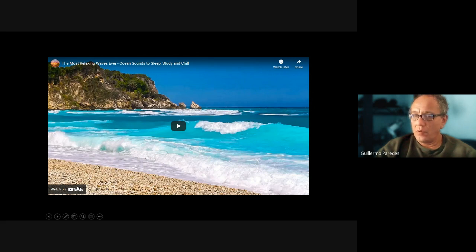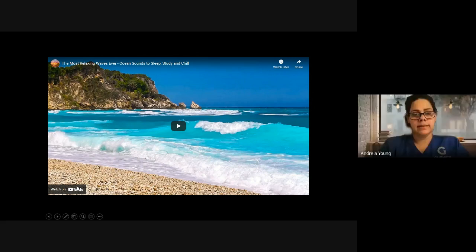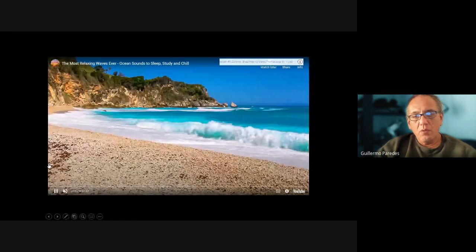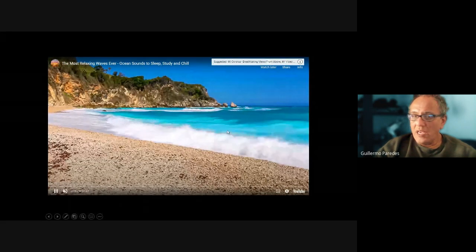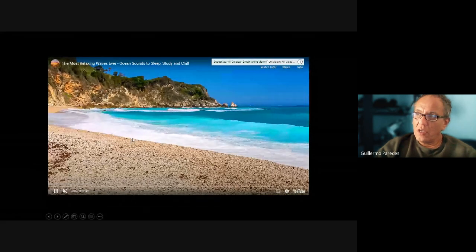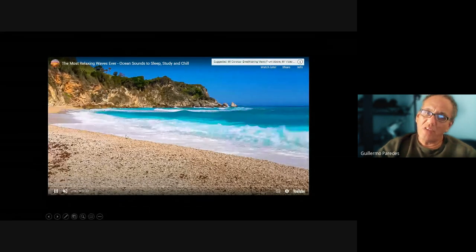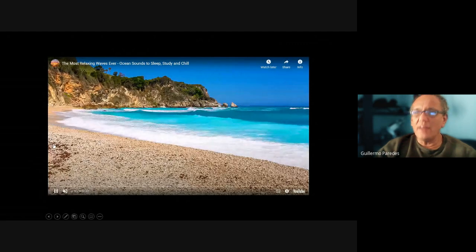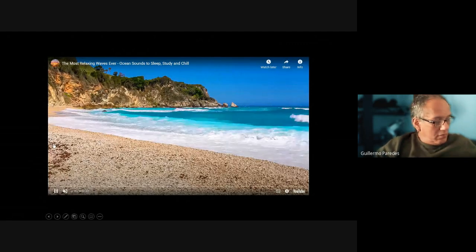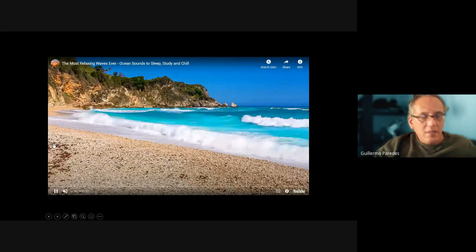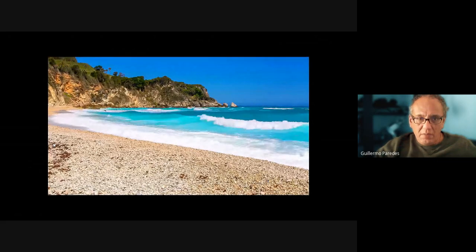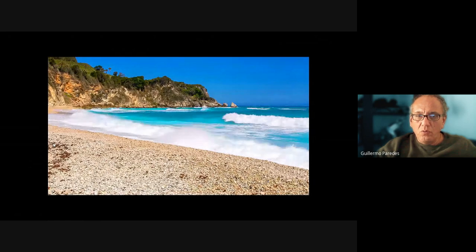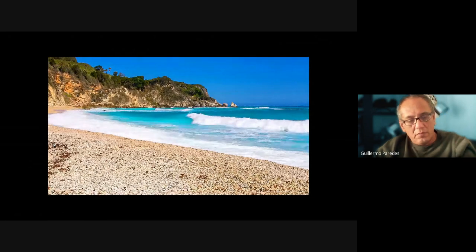Yes or no? Yes. All right. And when that happens, it's because the waves are basically pushing the object towards the beach. Is that clear? Everybody knows that, right? Yes. All right. That is exactly what happens in the nervous system, as with this beach. And we are going to understand that right now.